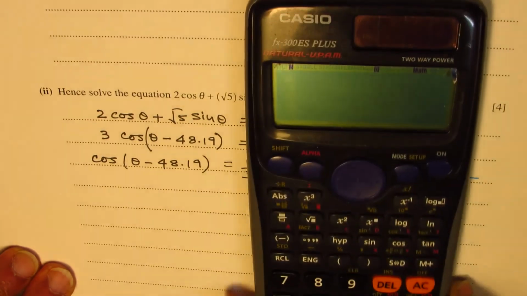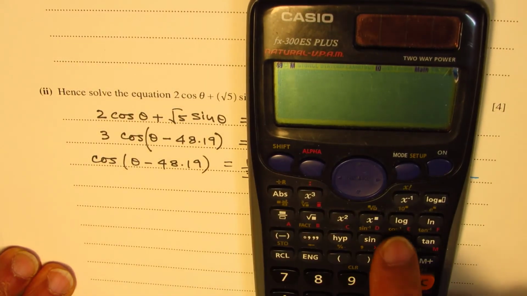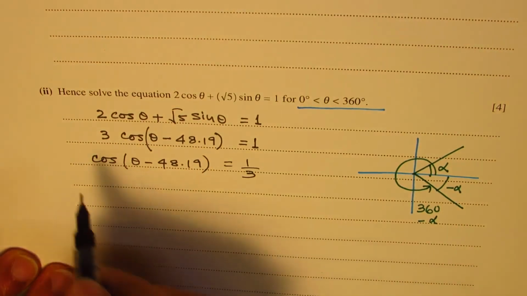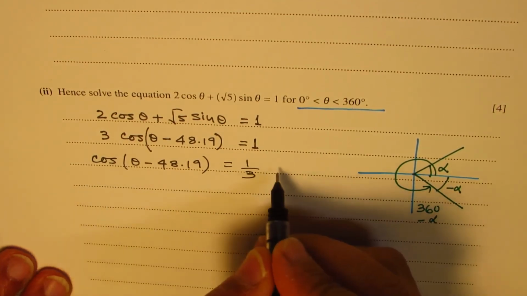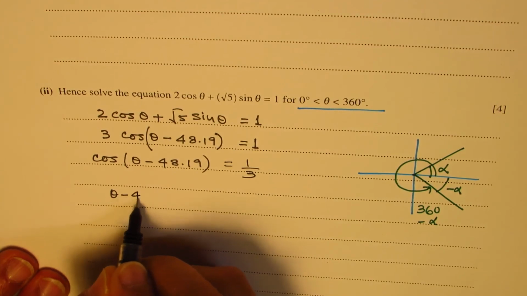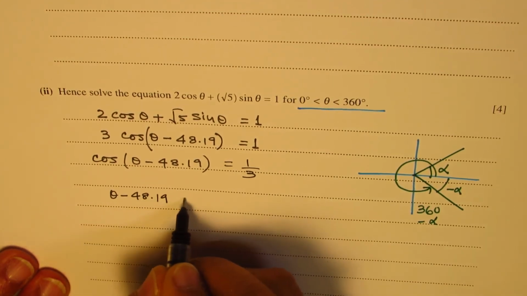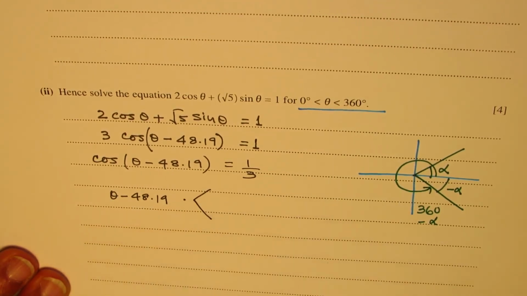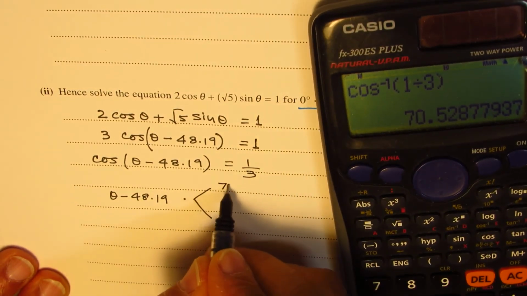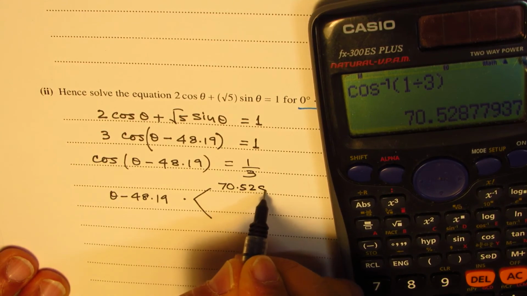So let's figure out. We have shift cos inverse of 1 divided by 3. That gives us 70.528. So we get 2 possible answers for theta minus 48.19. One of them is 70.528, right?